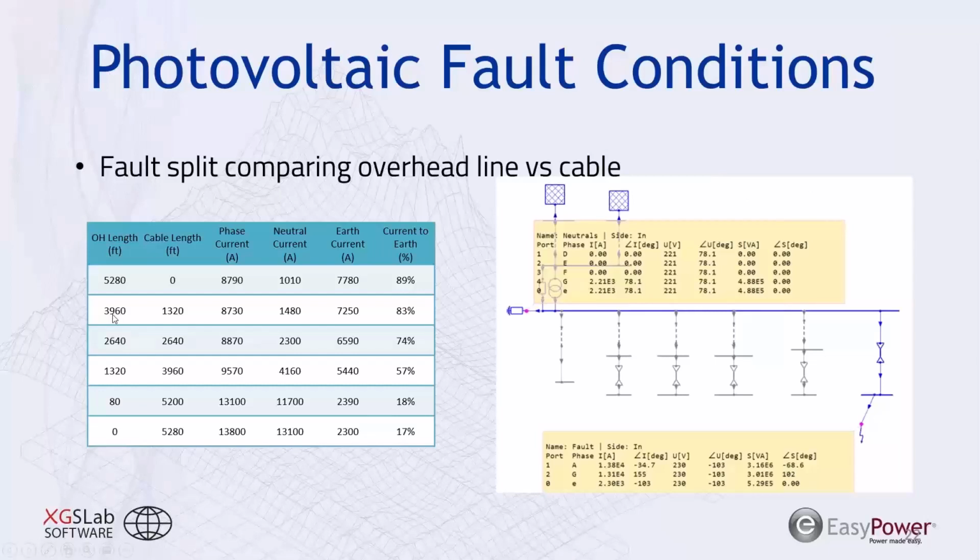But if I change the configuration, let's say we have about 4,000 miles of overhead line, and that transfers to an underground cable when we get closer to our panels, well, then we start to see a reduction in the amount of current that goes through the earth, producing our ground potential rise.